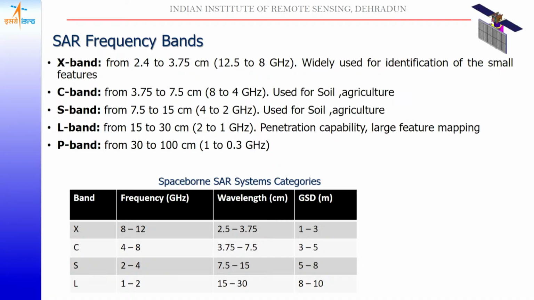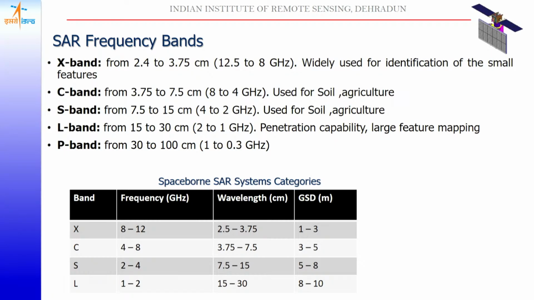But L band is used for penetration capability, large area mapping and geological mapping. And P band is used for higher penetration, for the estimation of forest biomass and other applications.